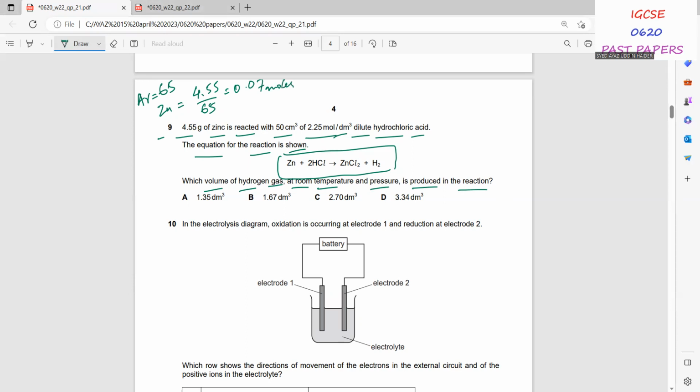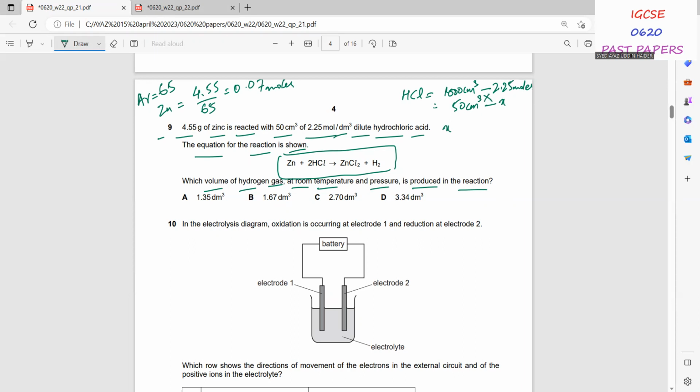Let's calculate the moles of hydrochloric acid, that is HCl. According to the information, 1000 centimeter cube contains 2.25 moles. Therefore, 50 centimeter cube contains X moles.